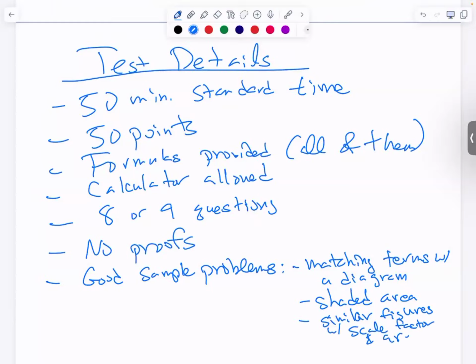And area. So similar figures with scale factor and area. Definitely want to know that. Area of polygon. Angles of polygon.